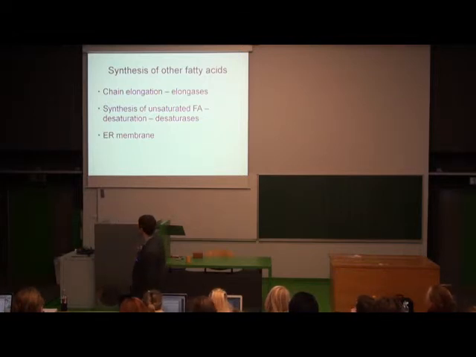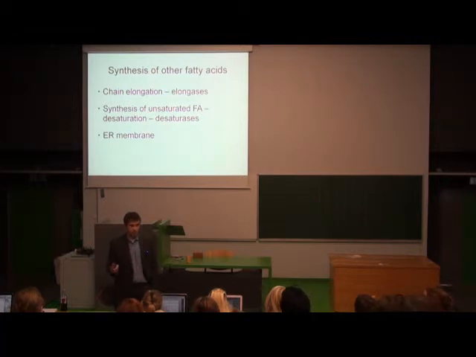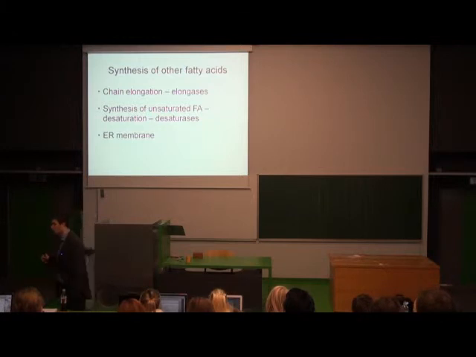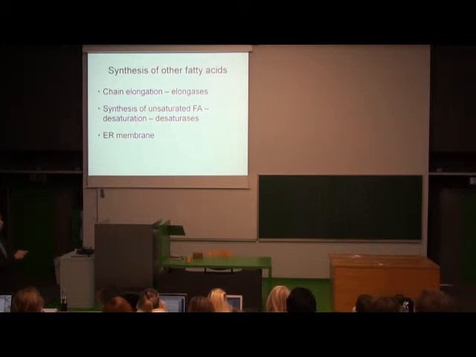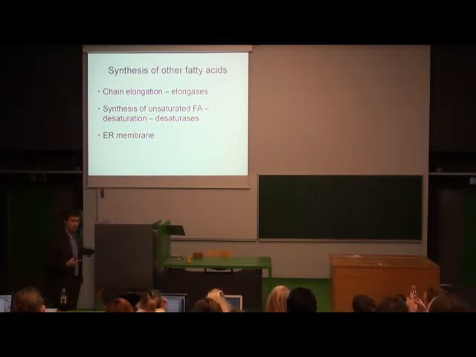For example, for the desaturation, you need 3 specific enzymes, yes? And you do not have to learn these processes in detail, yes? Only know that enzymes that catalyze elongation are called elongases, and enzymes that catalyze formation of double bonds are called desaturases.